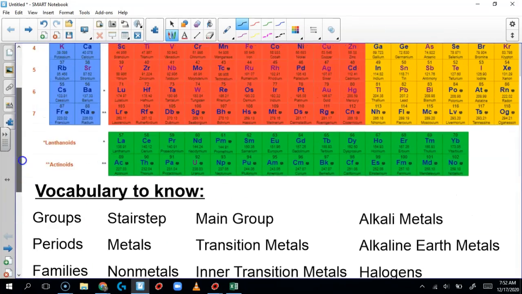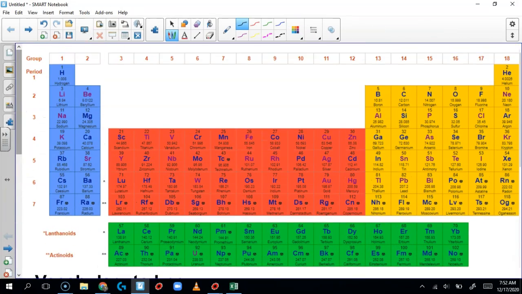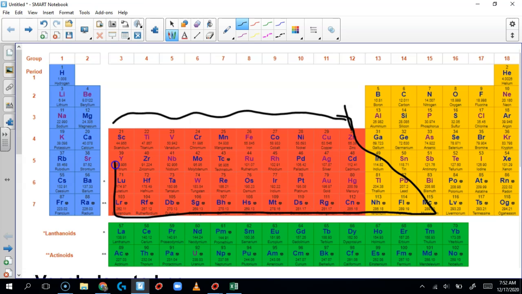The next part of the periodic table that we need to realize is that all of these, the D block, kind of even all the way to the stair step, including these elements that I've drawn through, these are what we call the transition metals.